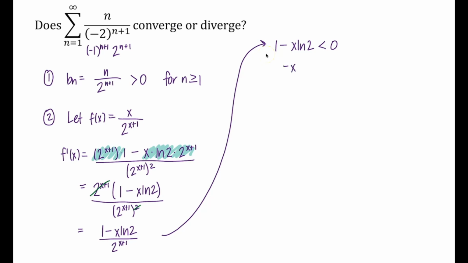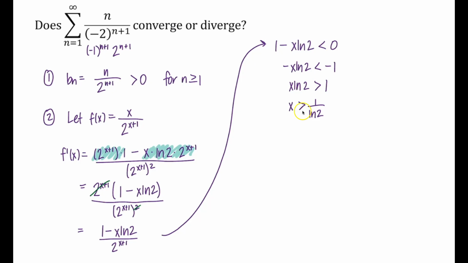So I have negative x ln 2 is less than negative 1. Then I'll divide both sides by a negative, which will flip the inequality. x ln 2 is greater than 1. And then I'll divide by natural log 2. So x is greater than 1 over natural log 2.